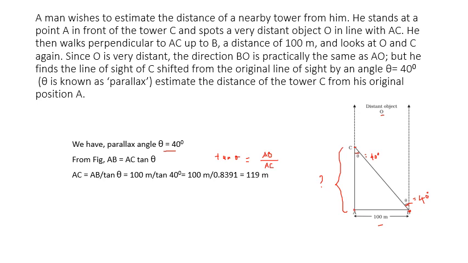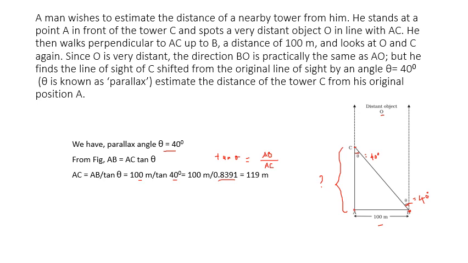So AB, as per the question, is given as 100 meters, and tan 40 is 0.8391. This value you should take from the trigonometry table. In your previous class, 10th standard, you may have studied angles in terms of particular values: theta equal to 0 degree, 30 degree, 45 degree, 60 degree and 90 degree.